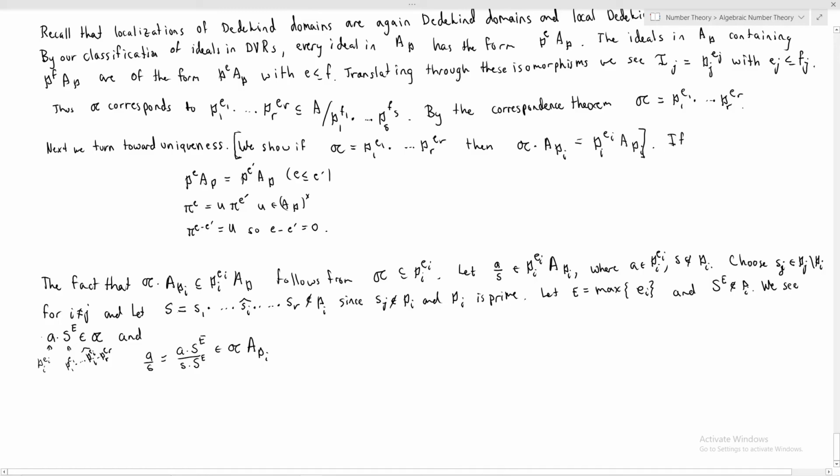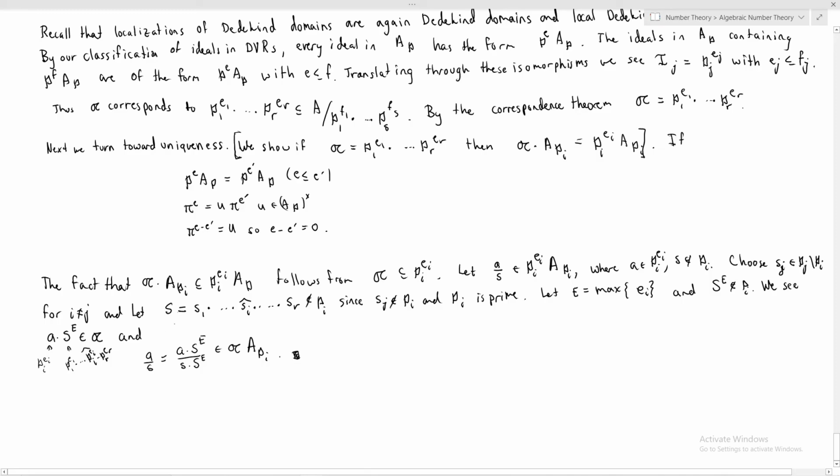Okay. And so when I take the product together, I get something in the product of all these prime ideals, which is necessarily in A because A is the product of these things. Okay. And now I get this containment. And that finishes the proof of uniqueness.